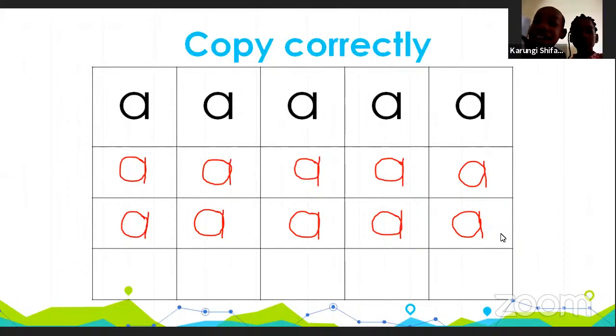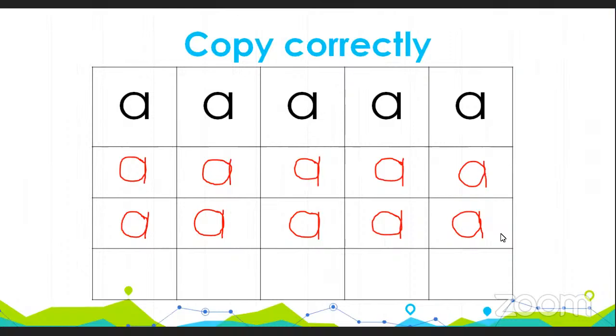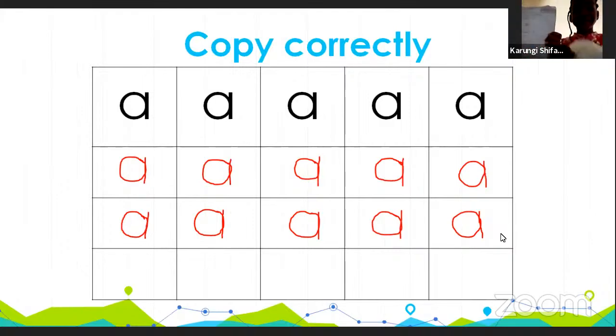Teacher, here's my work. Rapapa to you. Thank you, thank you. Let me look at someone else's work. Who else? Karunji Shifa. Wow, yes, good job. Let me see your work. Show me your work.